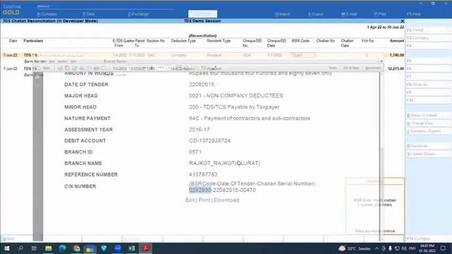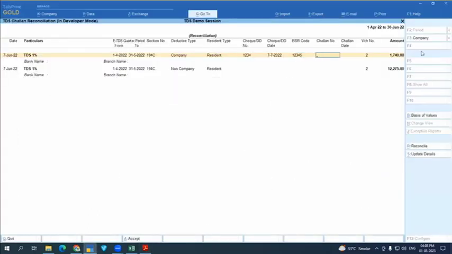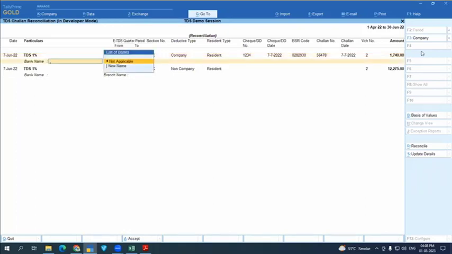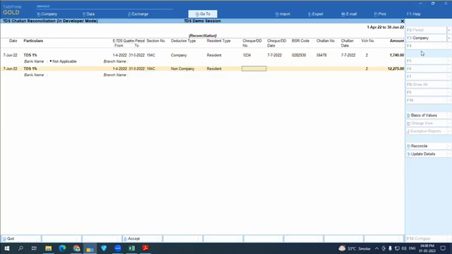BSR code is always a 7-digit code. Okay, so paste. Challan number. Let's take 5, 6, 7, 8, whatever. Okay, so I can just save time. Again, check number, date, CIN number, and date.